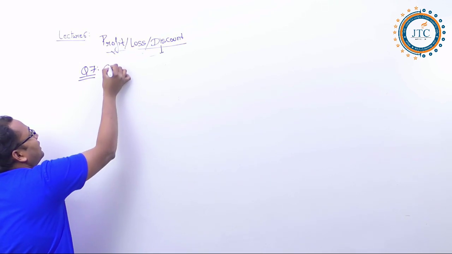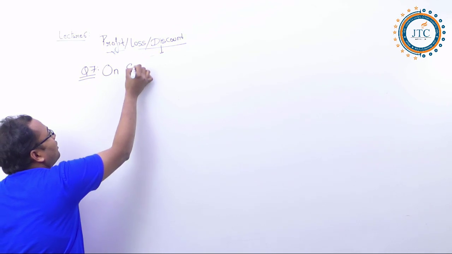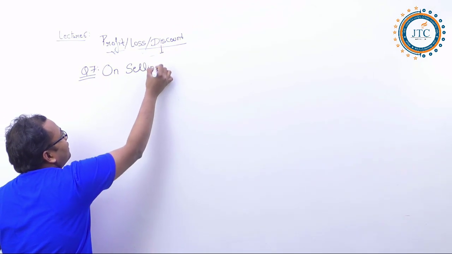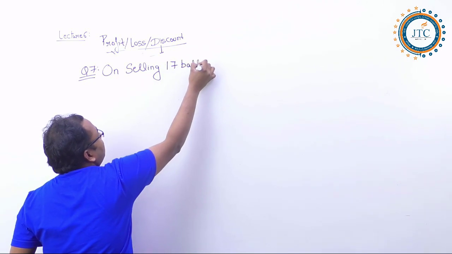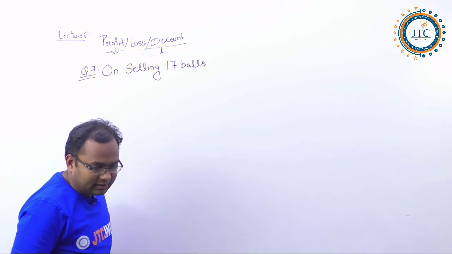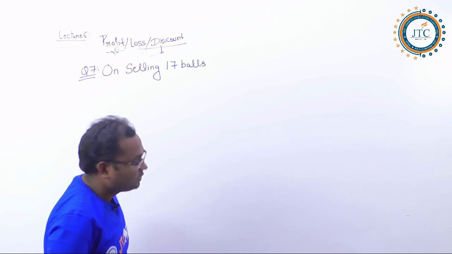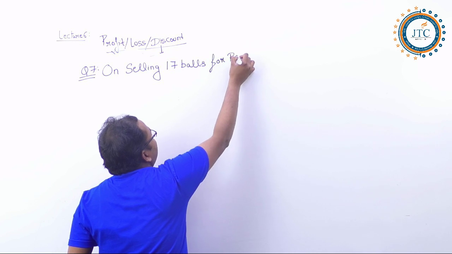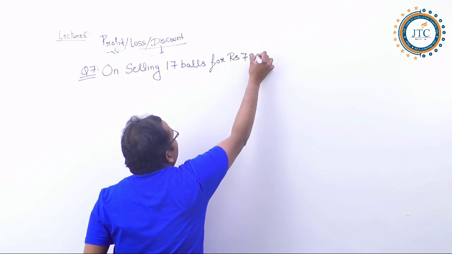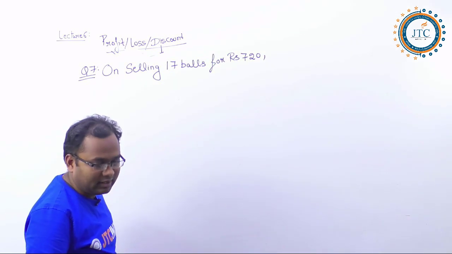Question 7 says that on selling 17 balls, a shopkeeper sells 17 balls for rupees 720, and we are given that the selling price of 17 balls is 720.